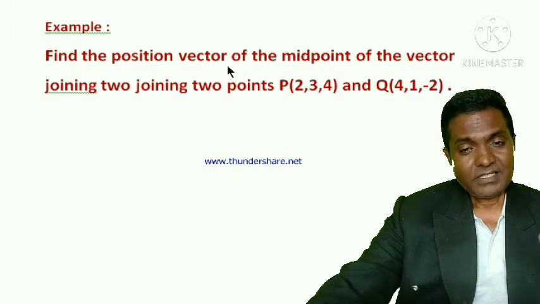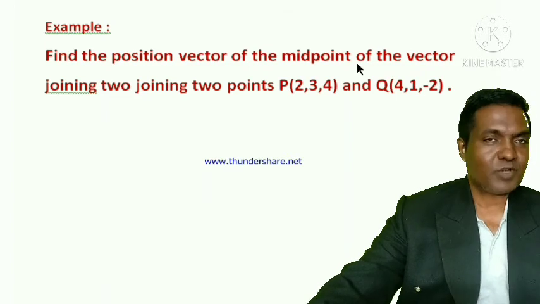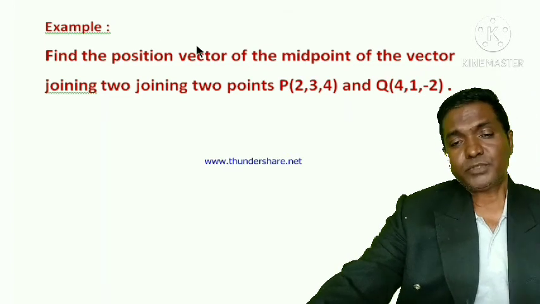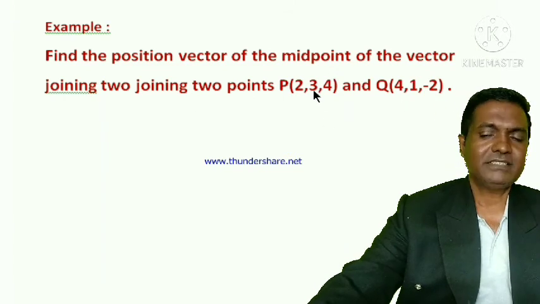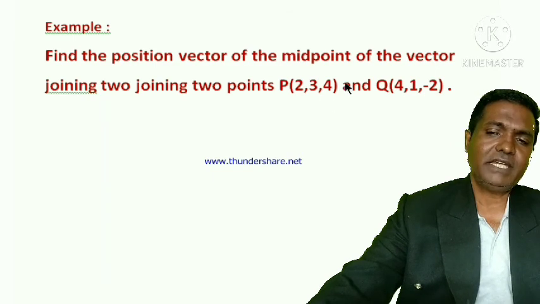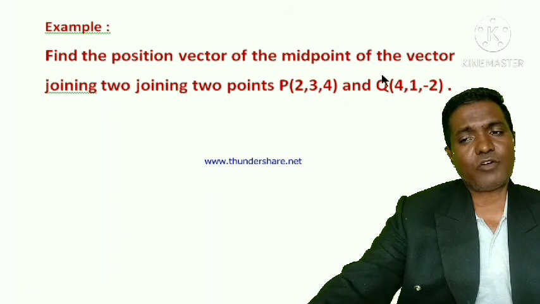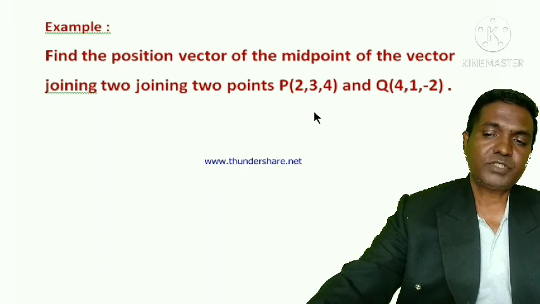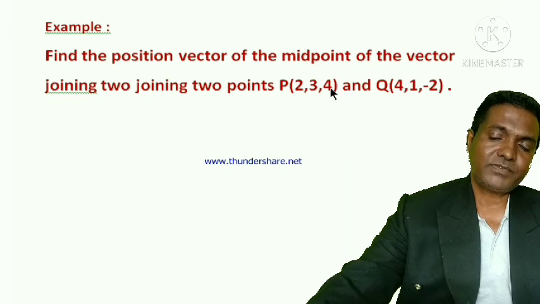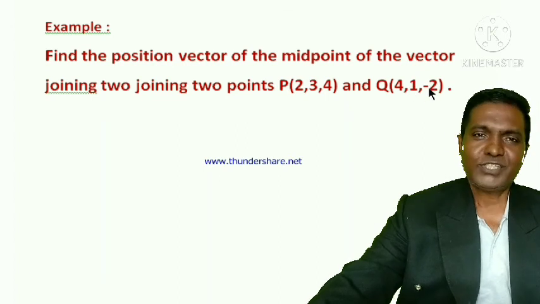Now here is one example, asked to find the position vector of the midpoint of the vector joining 2 points P and Q. P and Q are given in terms of coordinates, and as we all know, if they are given in terms of coordinates, the position vector of P is 2i cap plus 3j cap plus 4k cap, and the position vector of Q can be written as 4i cap plus j cap minus 2k cap.